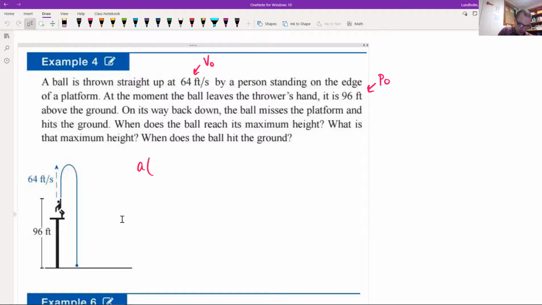Really this is using more derivatives rather than antiderivatives when we start from the acceleration function and bring it down to the position function. But we will see, it's the same kind of thing. The acceleration is going to be negative 32 feet per second per second. Oh my gosh, I just wrote 2 twice. Yeah, negative 32 feet per second per second.